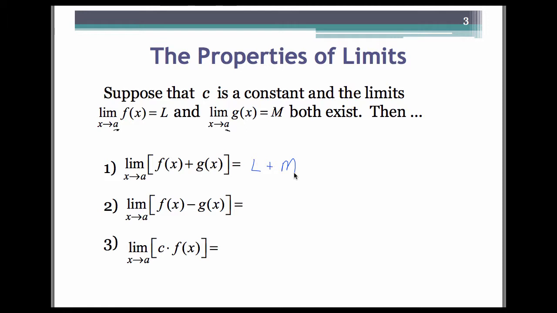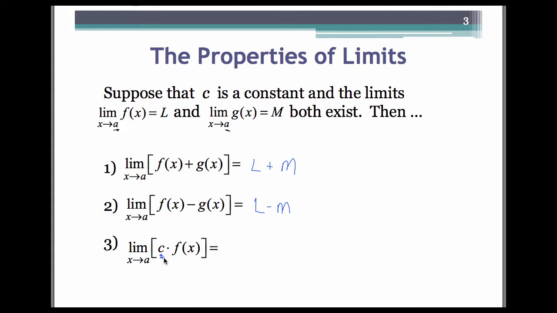If we're doing instead the difference between the two functions, so you want the limit of f of x minus g of x as x approaches a, that's simply going to be L minus M. And the last one involves that constant C that was referenced in the statement of the original properties.